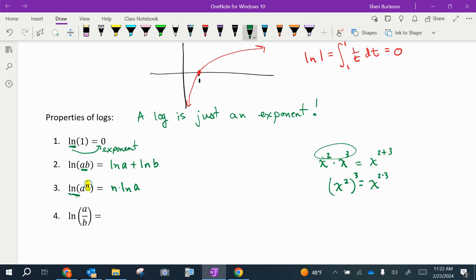So when I have a power on what's inside the natural log, that can come out front to be multiplied, since we are multiplying the exponents. And then with division, hopefully you remember, if we are dividing like bases, then we are subtracting the exponents, and a natural log is just an exponent.